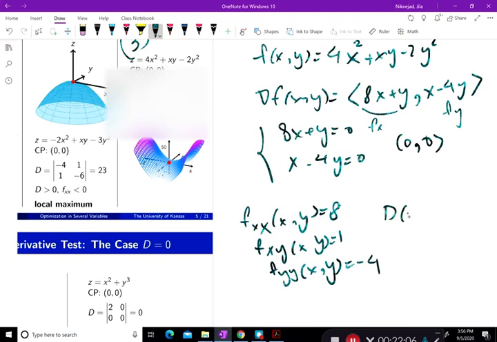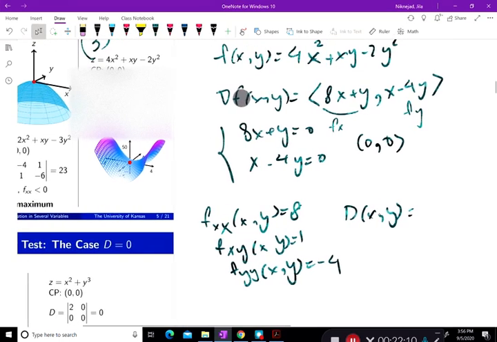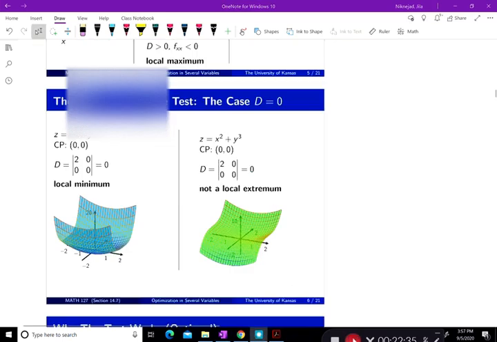So D of x and y is going to be negative 32 minus 1, negative 33. f sub xx is bigger than 0, but that doesn't concern us when we find the discriminant to be less than 0. Now the discriminant is less than 0, we have a saddle point.